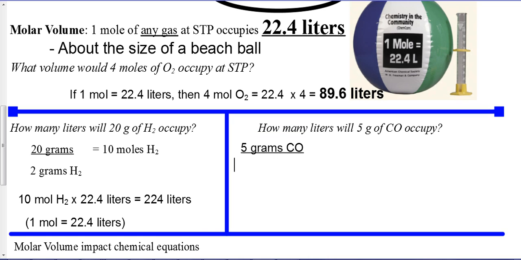So I know that that's 12.01 grams. And I add that to oxygen, which is 16 grams. And then I set it equal, and I divide them, and I get 5 over 28.